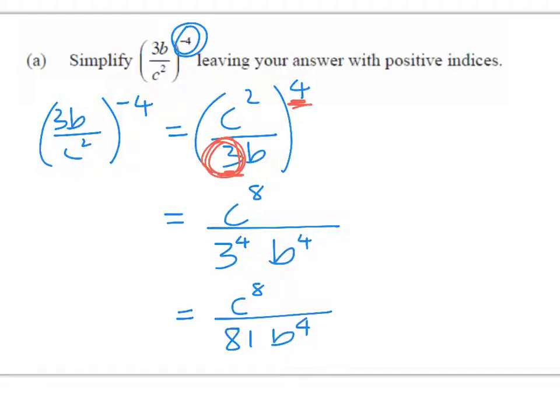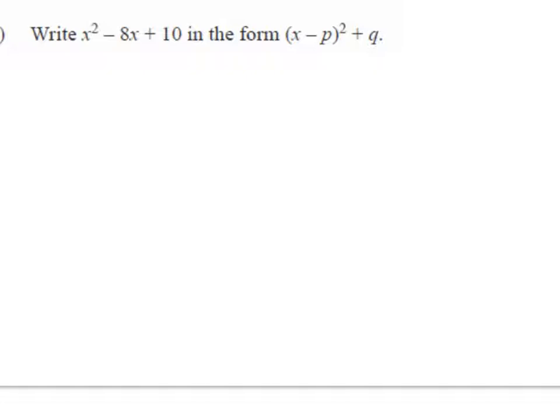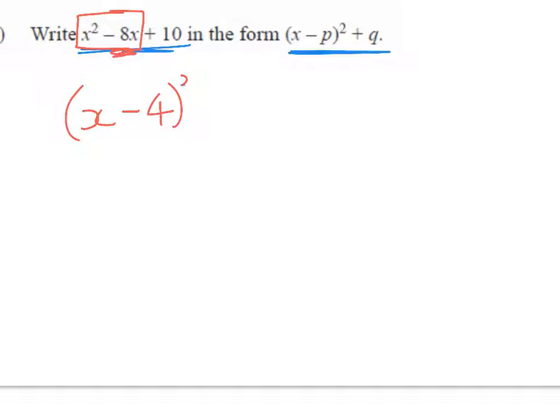Okay, on to the next one. Write x squared minus 8x plus 10 in this form here. This is another way of asking you to complete the square. So we look at the first two terms and we take half of this one. And that gives me (x minus 4) squared. Now let's think about what we've done here. We've managed to get (x minus 4) times (x minus 4).